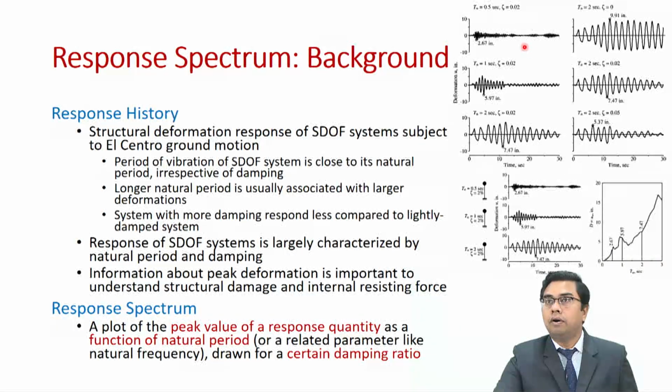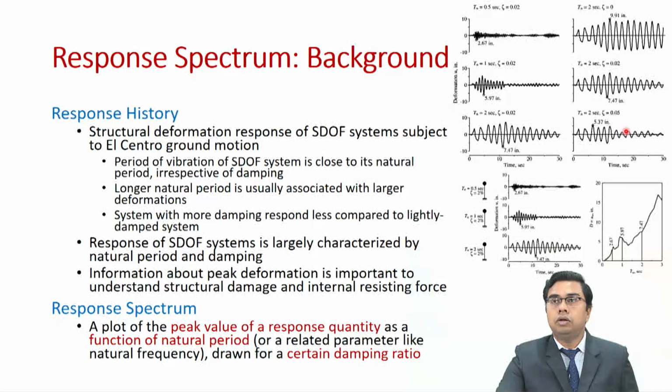The left hand panel, these 3, correspond to single degree of freedom systems with the same amount of damping, that is 2%, but different natural periods. The right hand side panel shows 3 single degree of freedom systems which have the same natural period of 2 seconds, but the damping increases as we move from top to bottom.